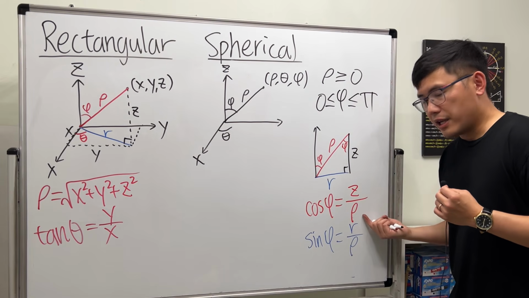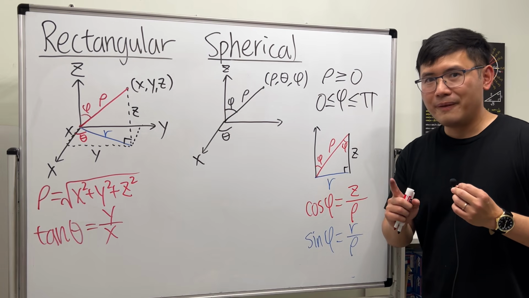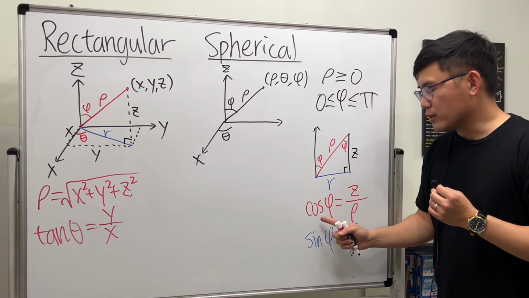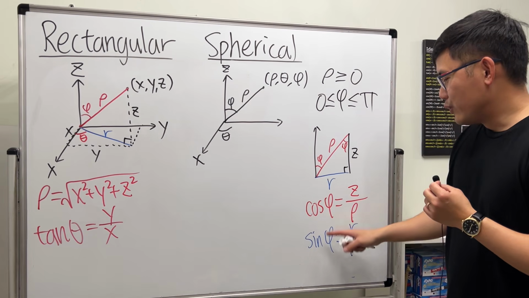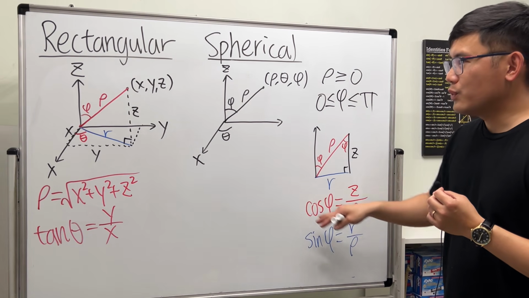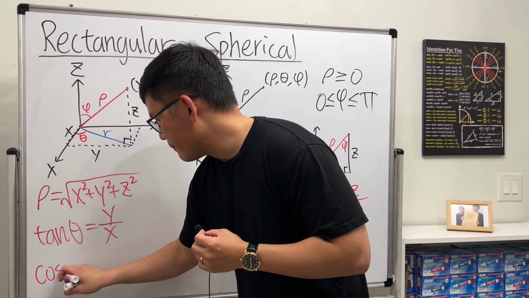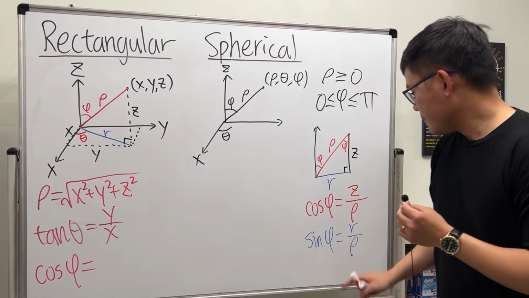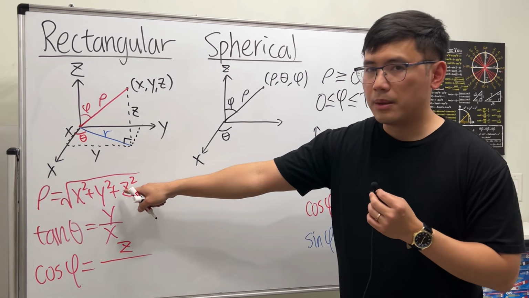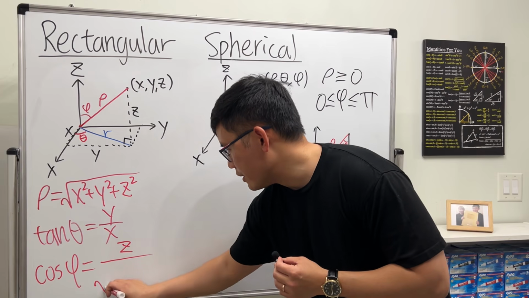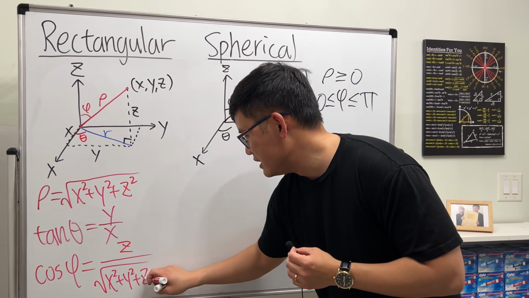If you set it up like this, once you use inverse cosine, the range of inverse cosine does go from 0 to pi, which is very nice. So do not use sine or tangent. Right here, let's just go ahead and say cosine phi equals z over rho. And we know rho in terms of x, y, z, so I'll just put it down right here: square root of x squared plus y squared plus z squared.